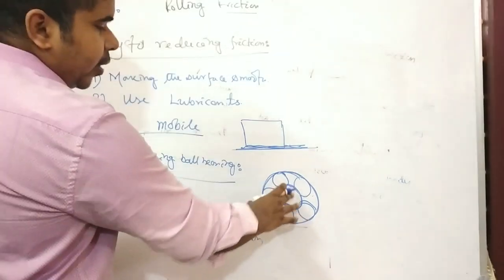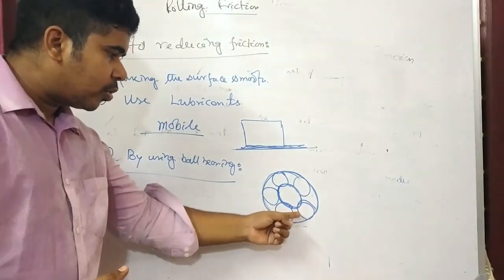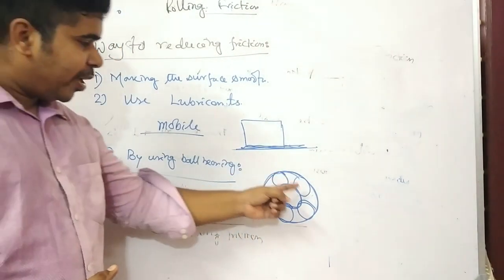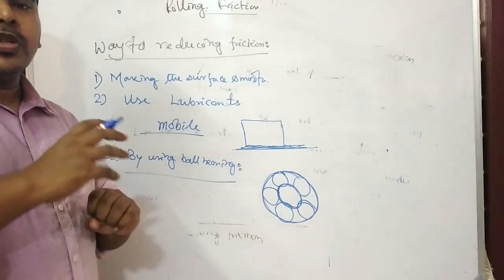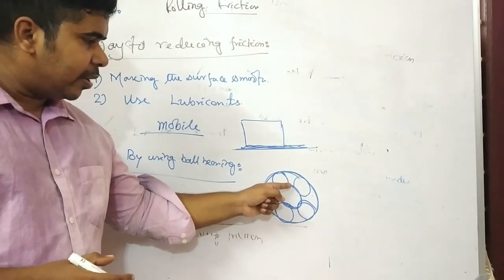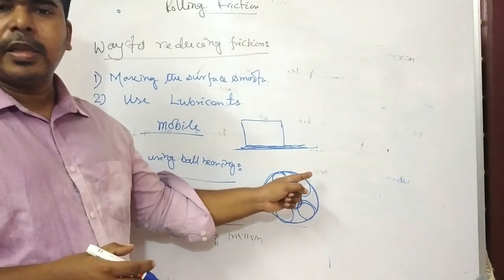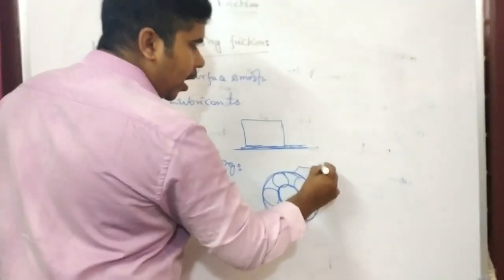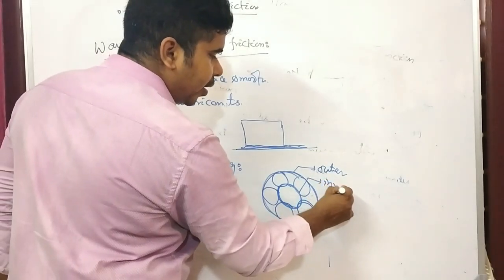When the inner cylinder tries to rotate, the balls also rotate over the outer cylinder, and the rotation becomes smoother.